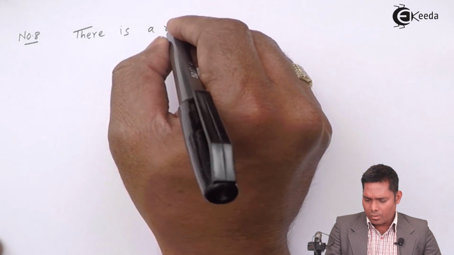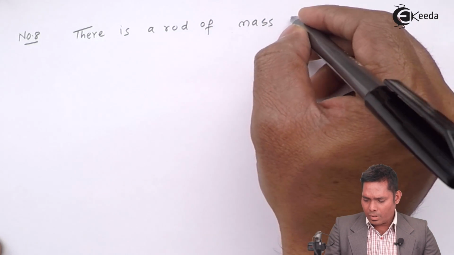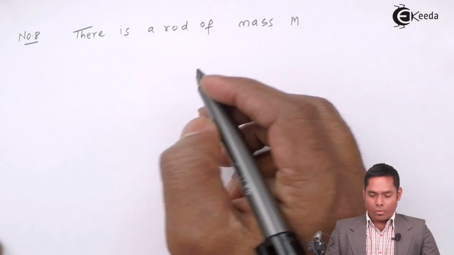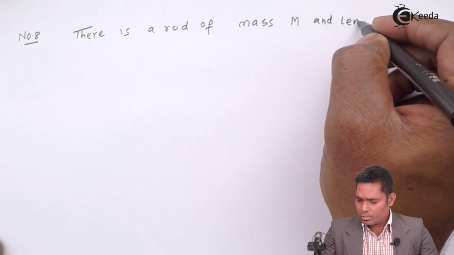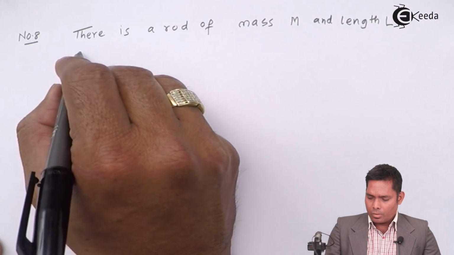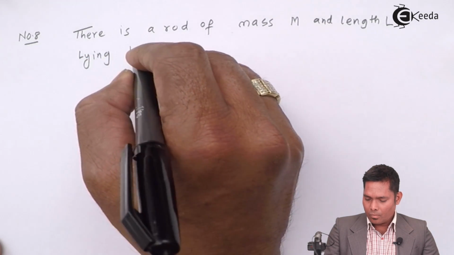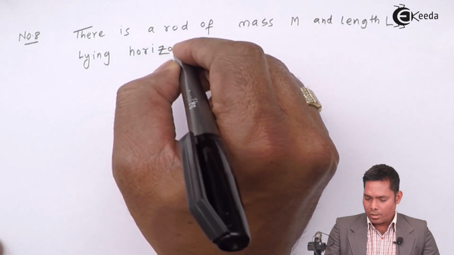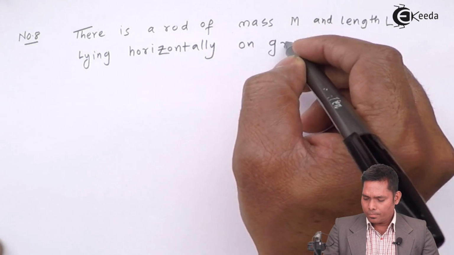There is a rod of mass m. Obviously the rod is uniform and of length L, lying horizontally on ground.